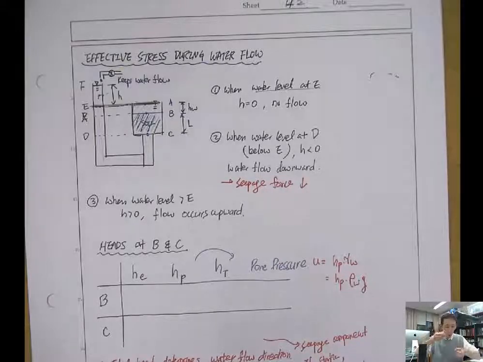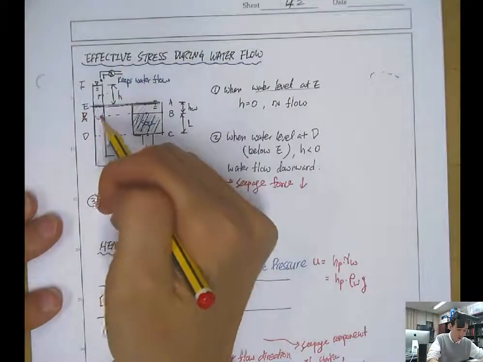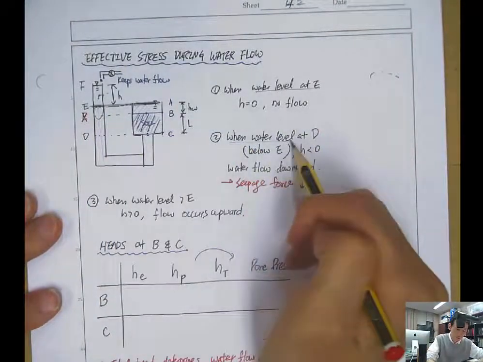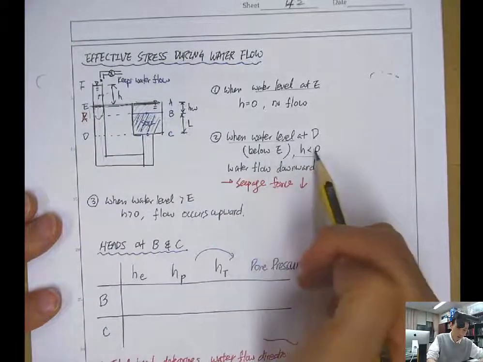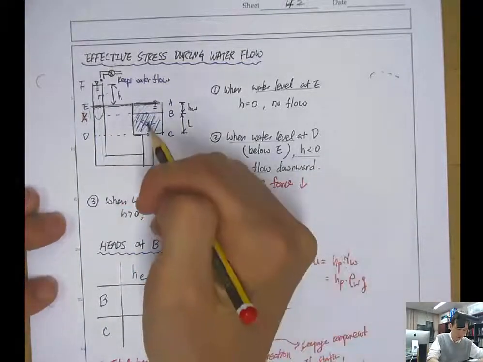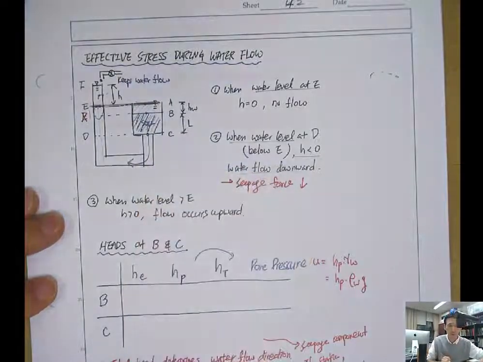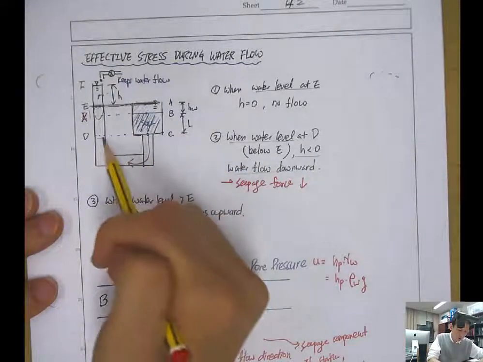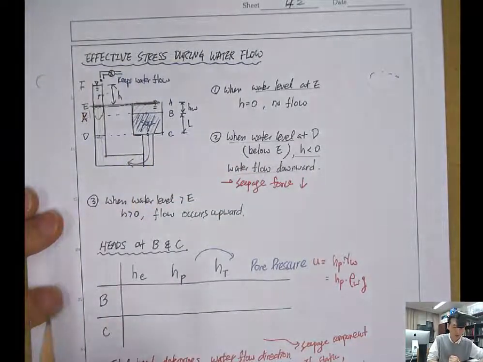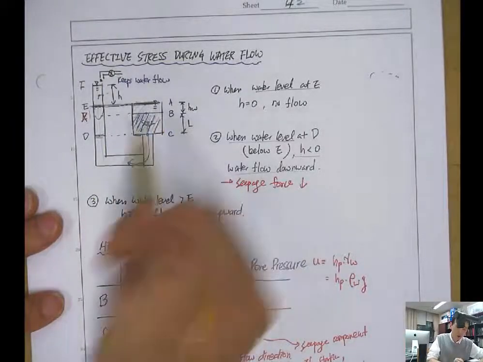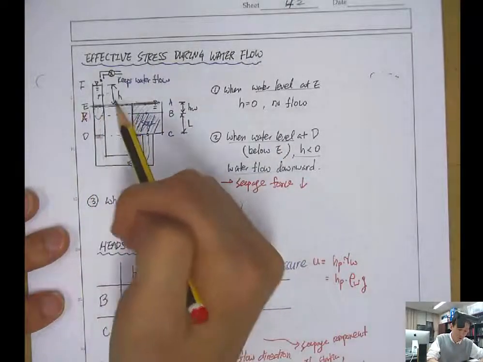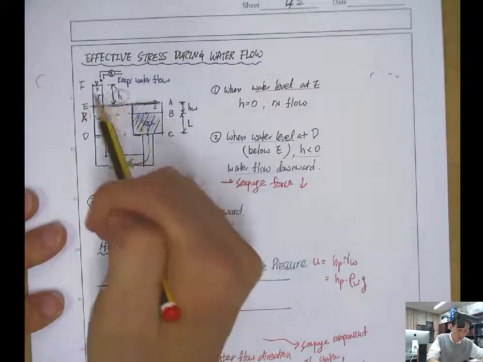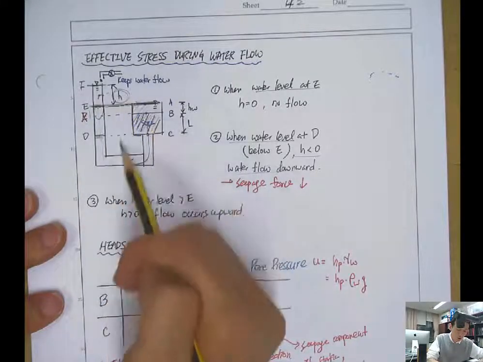If you lower it, so that the water level becomes lower than E, then water will flow this way, right? Because the water level is lower at the outlet, so this becomes the outlet and this becomes the inlet. So when you think about the head difference between here and here, H becomes negative.